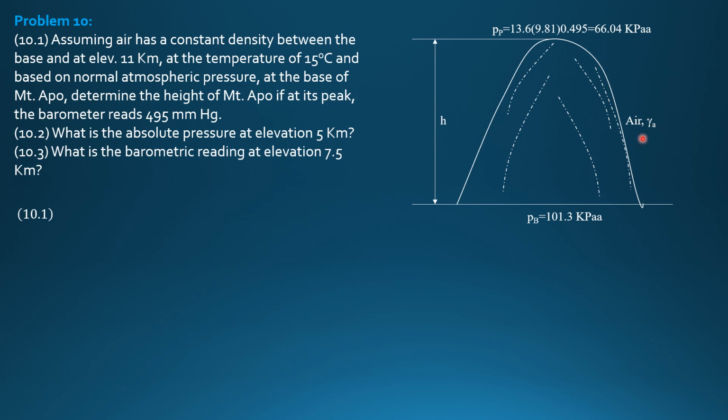Now the specific weight of air is pressure, which is at the base, 101,300 pascals absolute times G over gas constant of air, then absolute temperature.